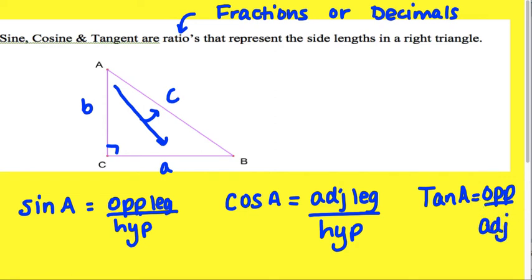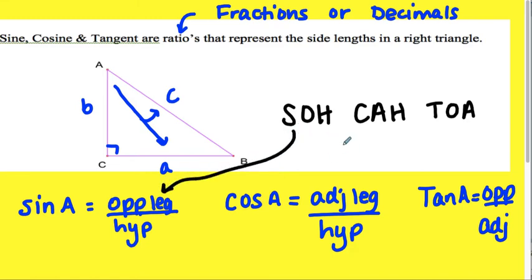All right, we have this really fun mnemonic that we can use to help us remember that. SOHCAHTOA. Look at that mnemonic. So, how does that relate to this? And CAH, how does that relate to this? And TOA, how does that relate to this?